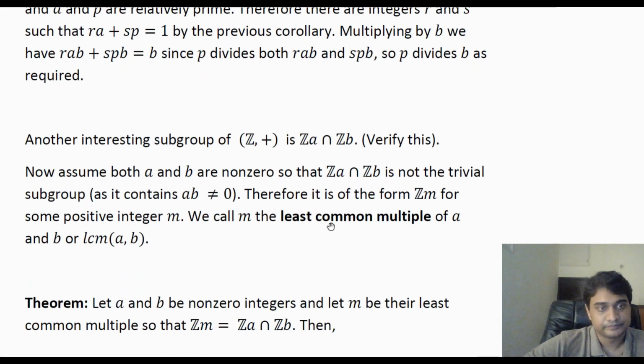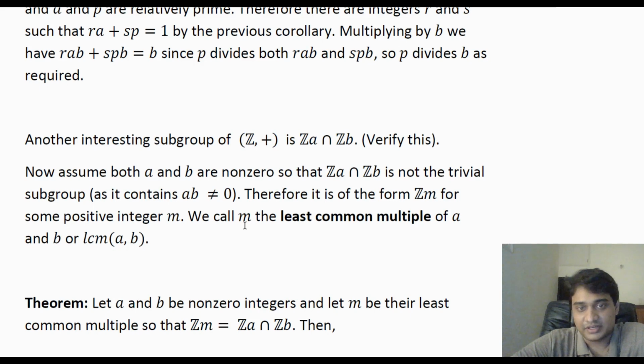Okay, so now we come to another interesting subgroup of Z plus, which is ZA intersection ZB, where A and B are integers. I leave it to you to verify this fact: you have to verify that ZA intersection ZB is also a subgroup of Z plus.